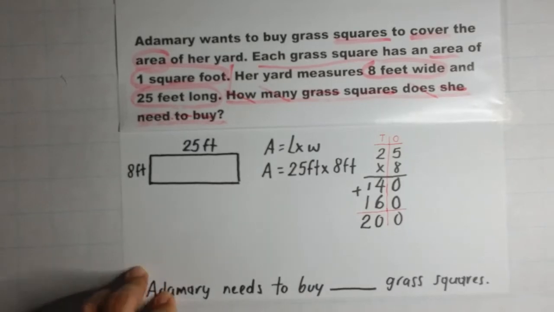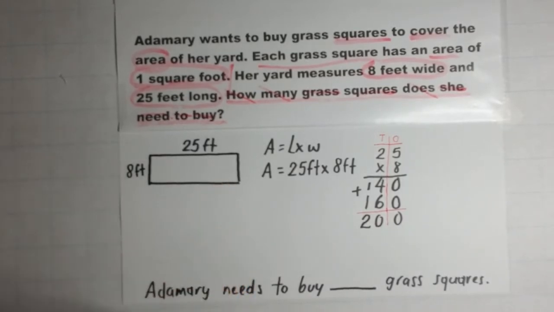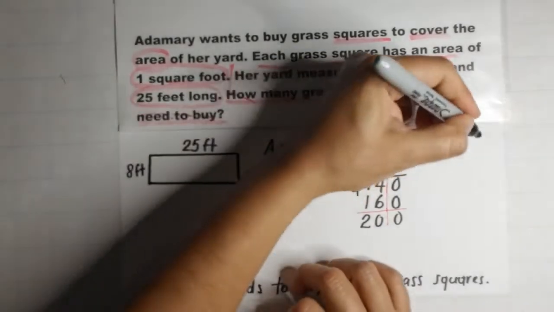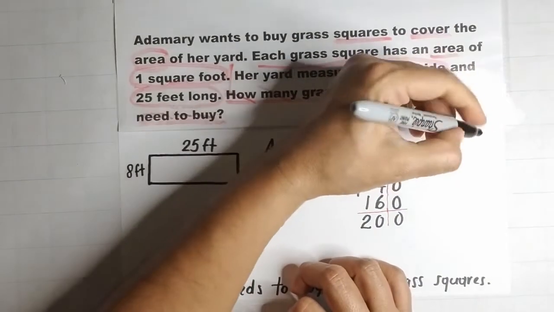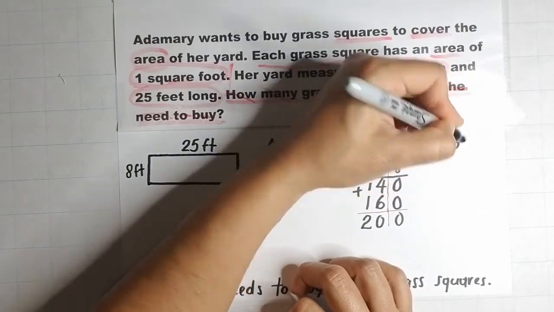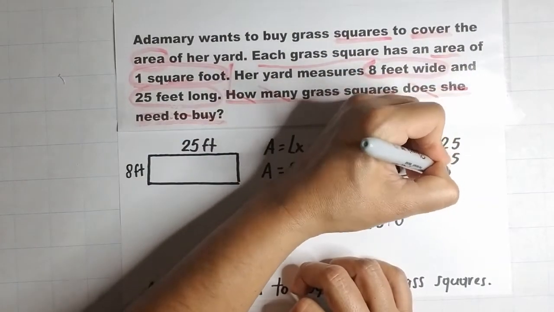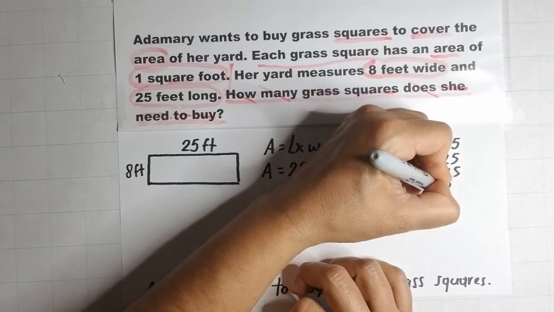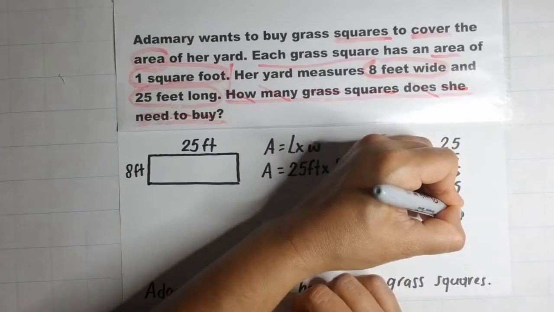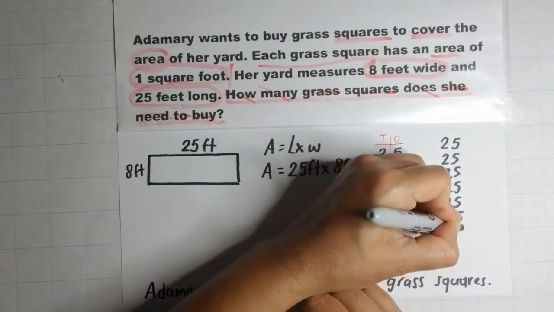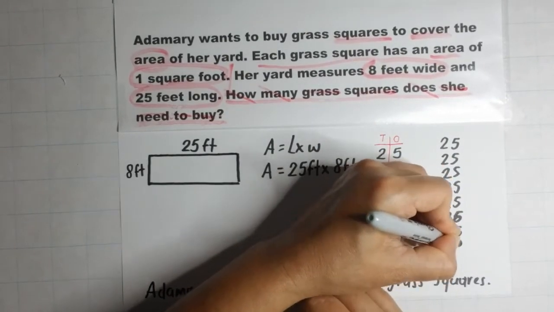I can do partial additions, partial multiplications, and this time I'm going to do something easier and simpler, which is add the 25 8 times. I can do that because I think it's going to be easier for now. 3 times, 4 times, 5 times, 6 times, 7 times, and 8 times.